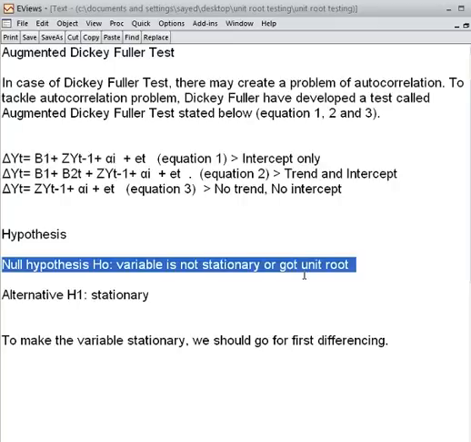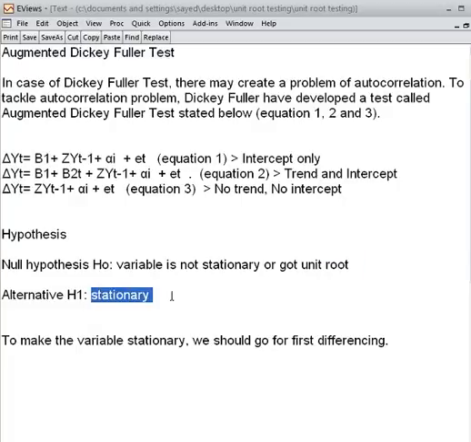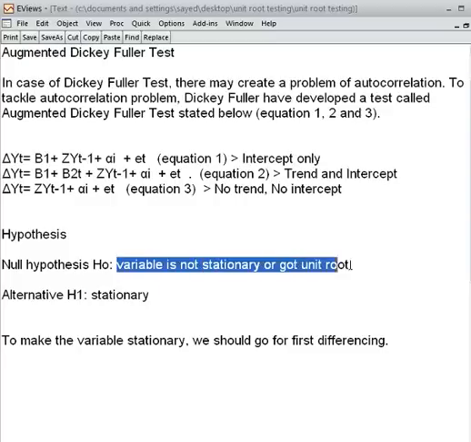Then we reject the null, meaning that the particular variable is stationary. But if the p-value is more than 5%, we cannot reject the null, meaning that we accept the null. So it means that the particular variable has a unit root, or the variable is not stationary.